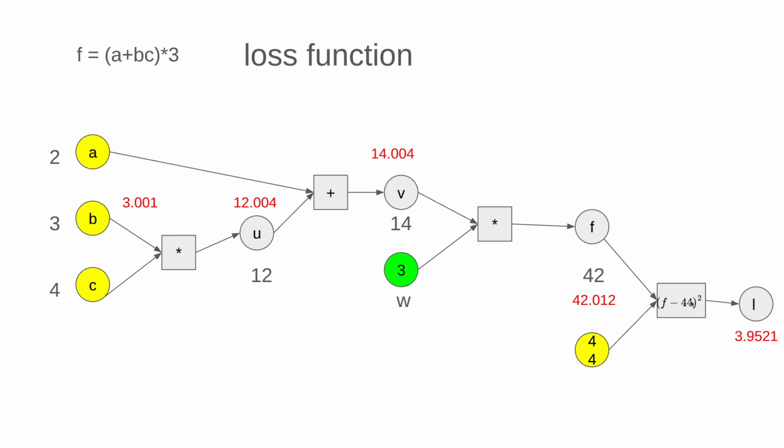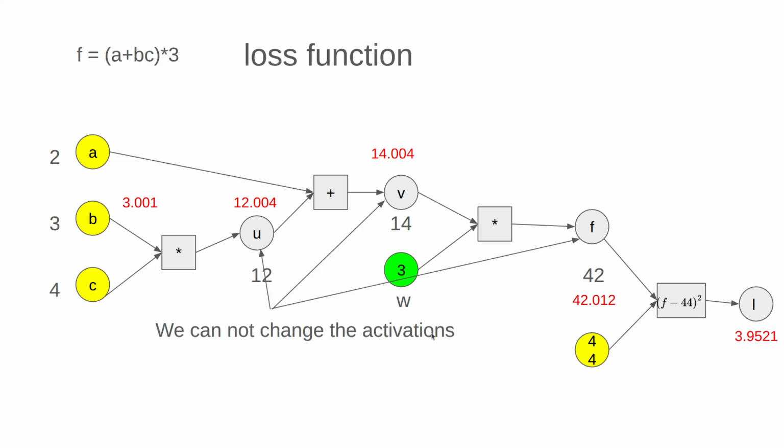And here, since we're using the square as the loss function, the 44 here actually is the ground truth. Okay, so this is the answer we want to have from our models. The object in yellow is actually the input of the function.